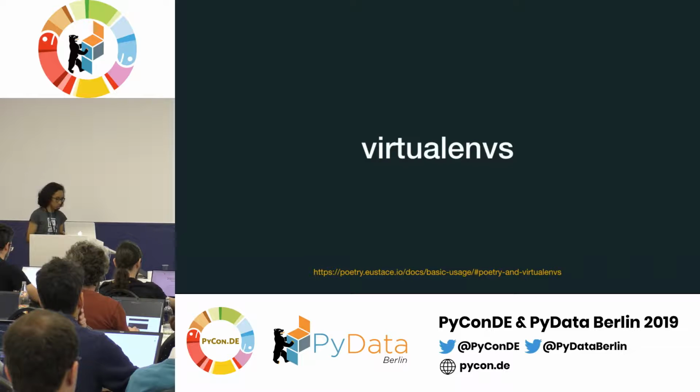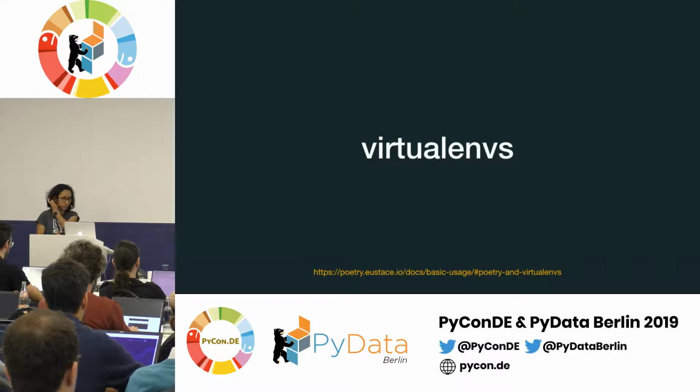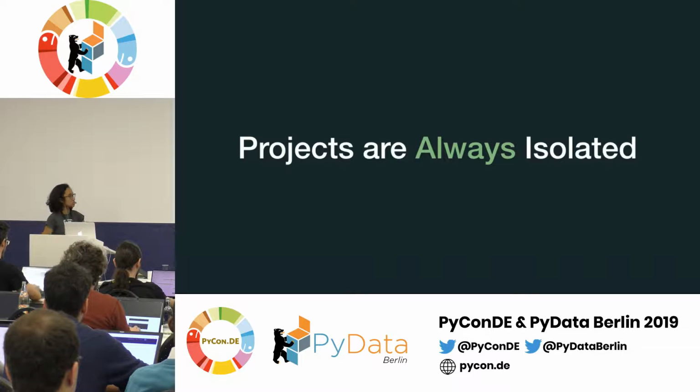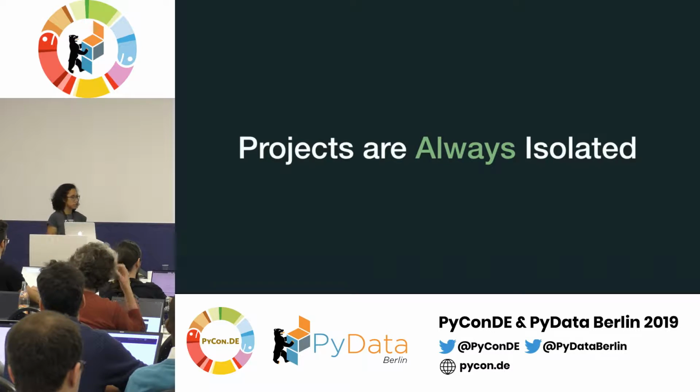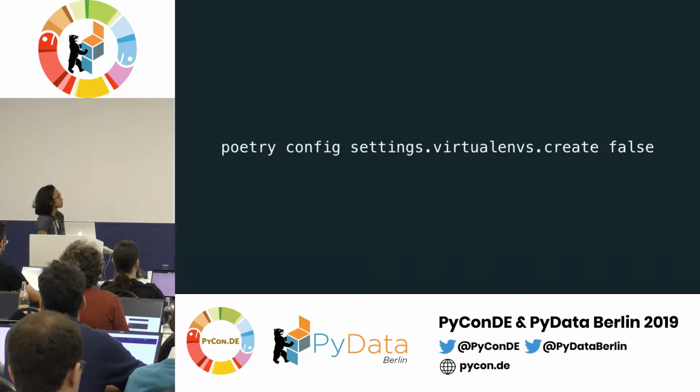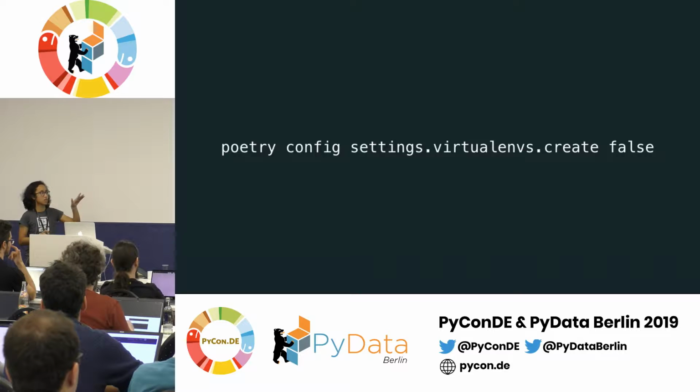And if not, it will use an existing one or create a brand new one for you to always work isolated from your system. So projects are always isolated. But if you want finer control over your virtual envs, you can configure that using this command, poetry config settings.virtualenvs.create false. So this will disable the functionality that I was just talking about.